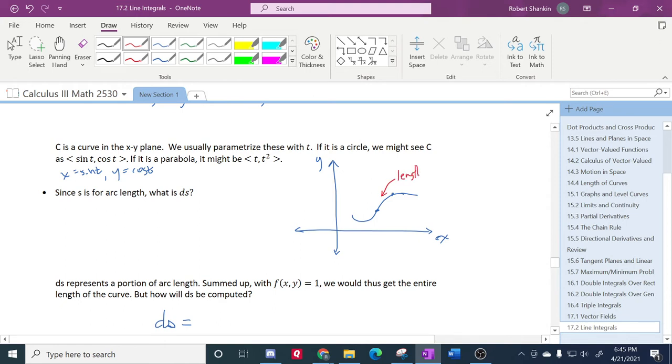And notice the length of this, the length of the curve formula. The length of this subsection, subinterval, is ds. But also we see this can be thought of as a delta x and a delta y.